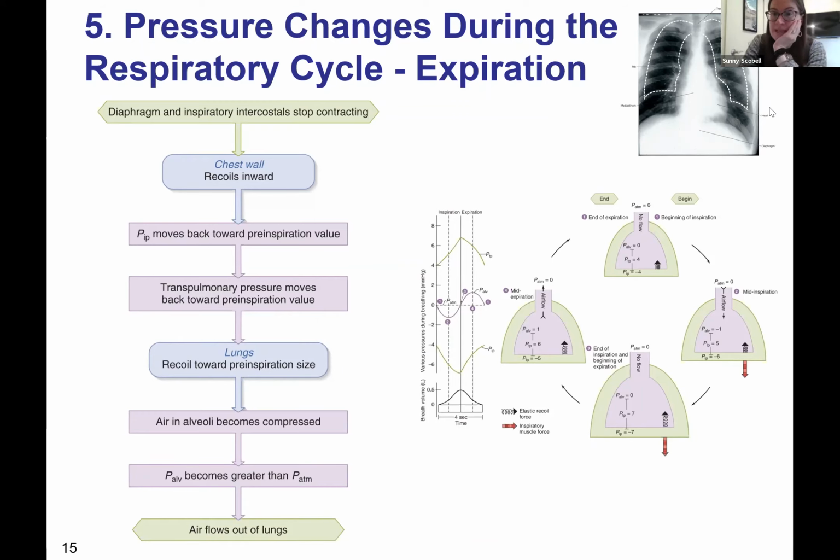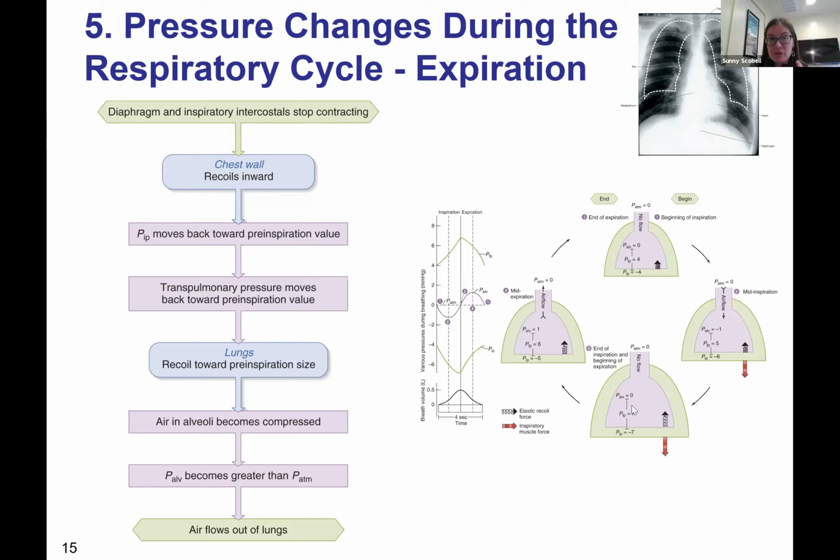And again, if we take that back to the math, you can see in the math what happens. We had a really, really negative pressure at the end of our inspiration here in the intrapulmonary space. And we'd gotten back down to 0 pressure in the alveolus as we equalized with the atmospheric pressure.